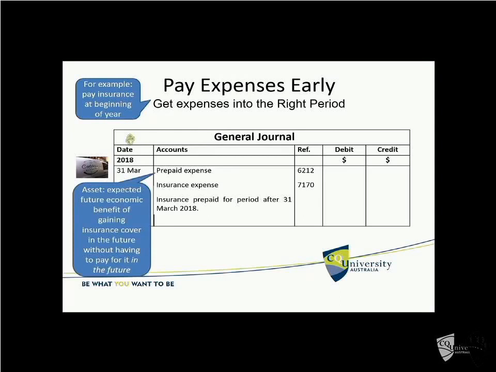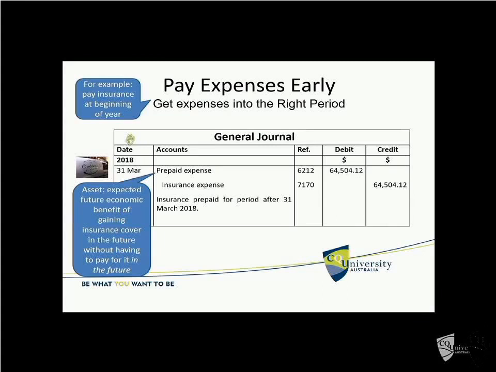So to the extent we're paid for insurance that covers the period after the 31st of March, we've got to take it out. Now the prepaid expense is an asset. It's the expected future economic benefit of gaining insurance cover in the future without having to pay for it in the future. So we're going to get a future economic benefit of this insurance without having to pay any more money for it.